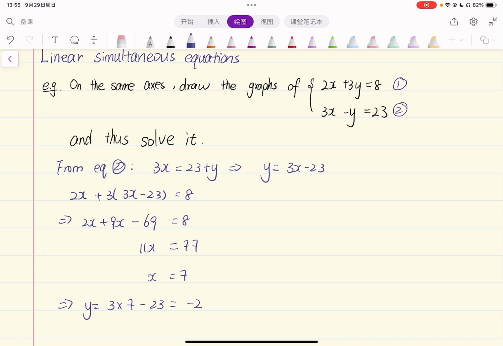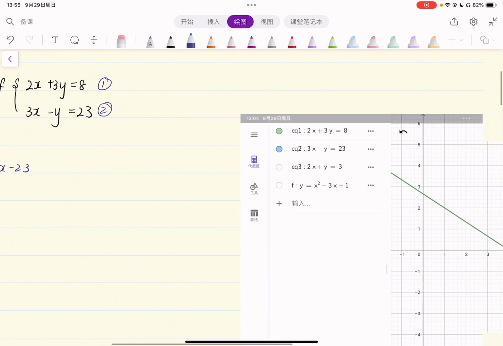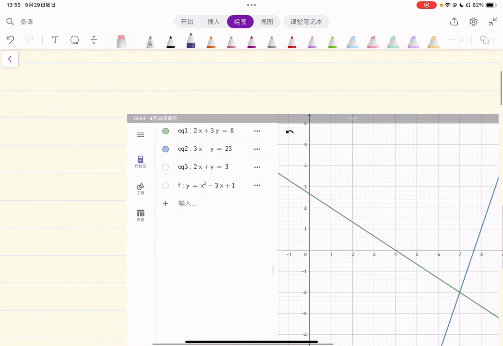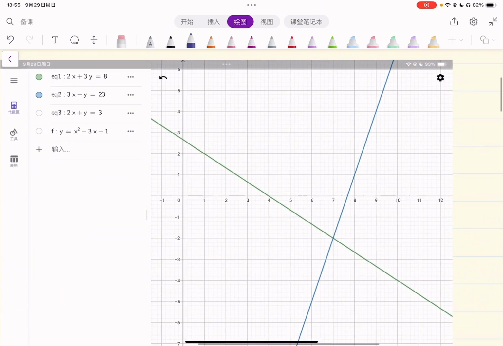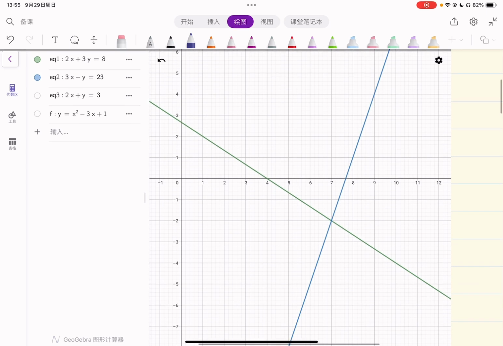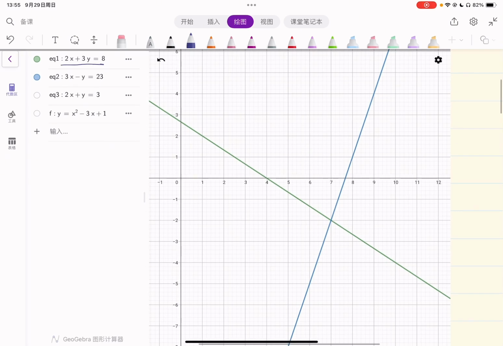Let us see what the graph looks like. We use algebra software to show that. The green line is equation 1, 2x plus 3y equals 8, and the blue line is 3x minus y equals 23, and we can find the intersection point over here.